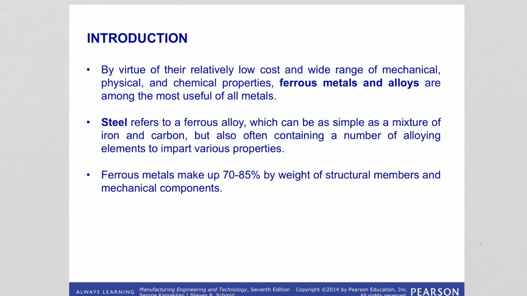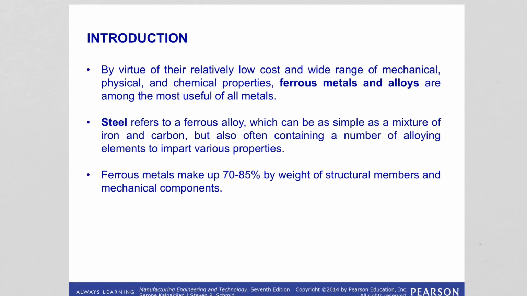Steel is a ferrous alloy, and it is basically a mixture of iron and carbon. And of course, it also has other alloying elements to achieve certain properties.